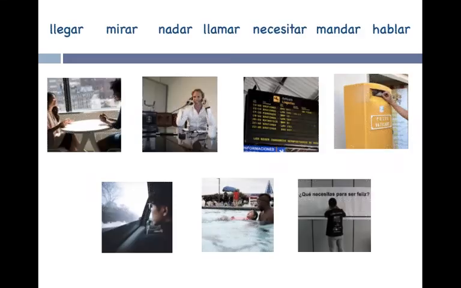Todos. Ahora repita. Llegar. Mirar. Nadar. Llamar. Necesitar. Mandar. Hablar. ¿Cómo se dice to talk or to speak? Repita, hablar. To call.